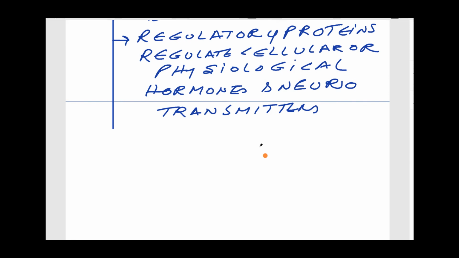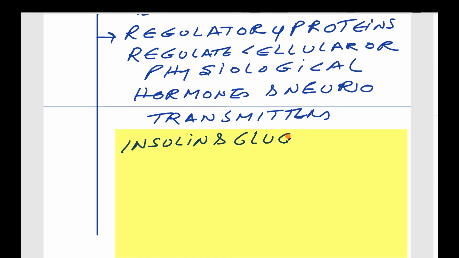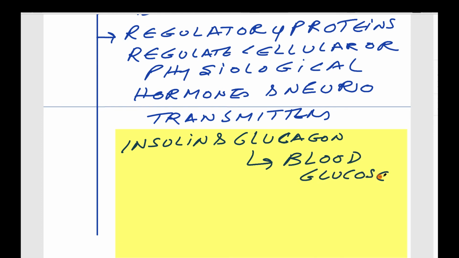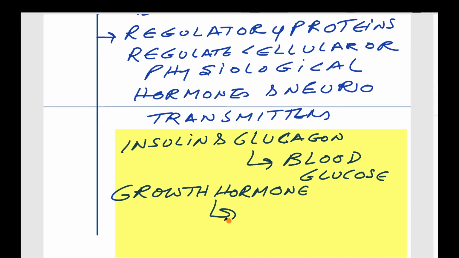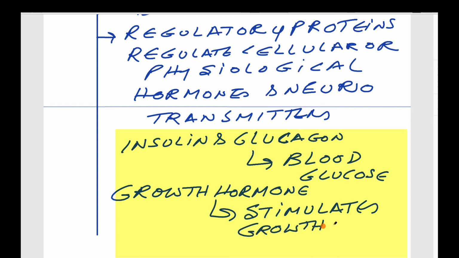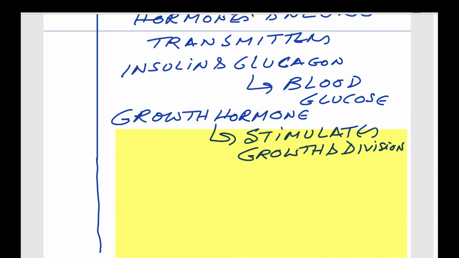Let us take some examples in this category. They regulate blood sugar, blood glucose. Then growth hormone stimulates growth and cell division. In this category, there are some growth factors.